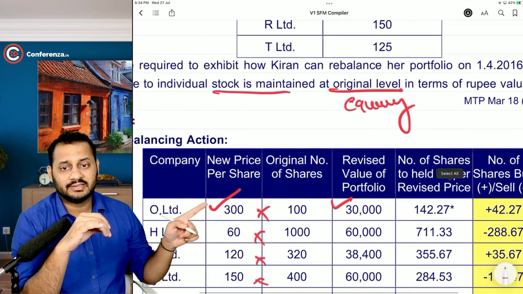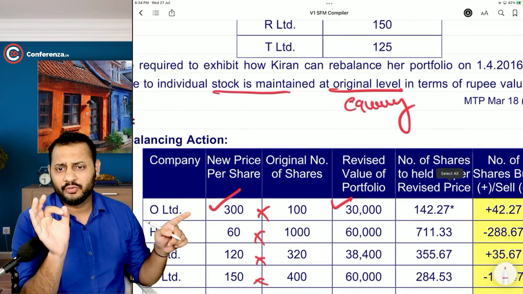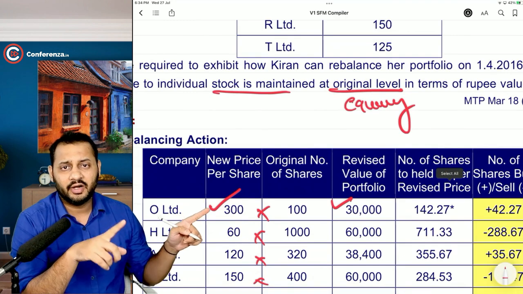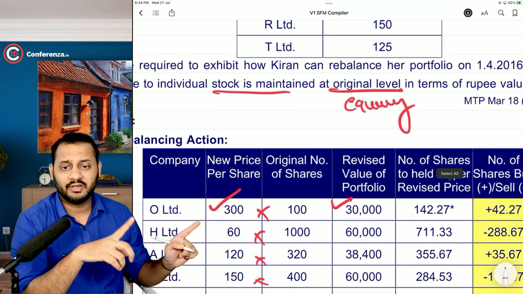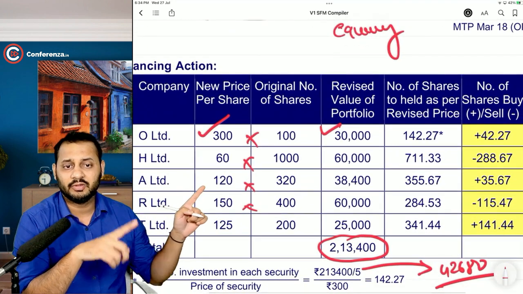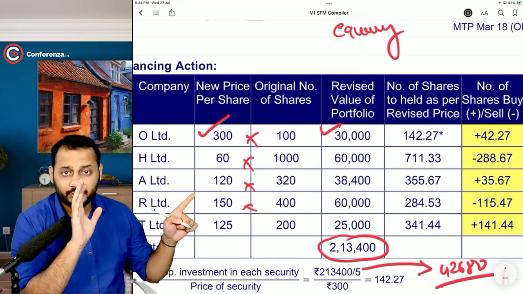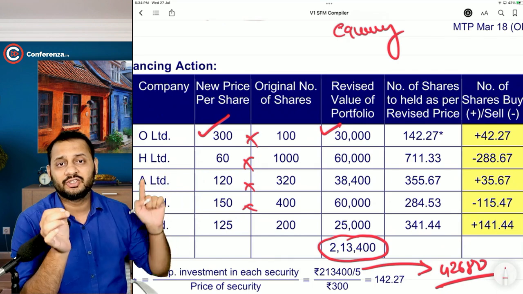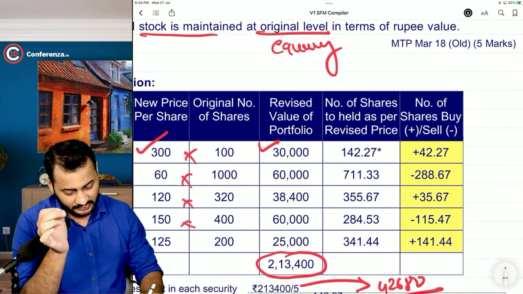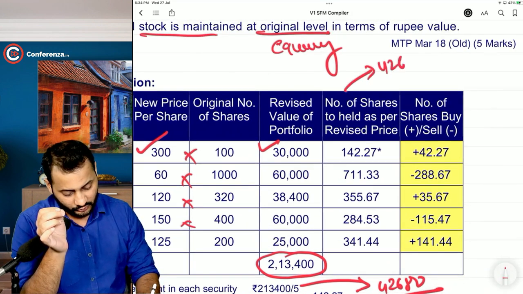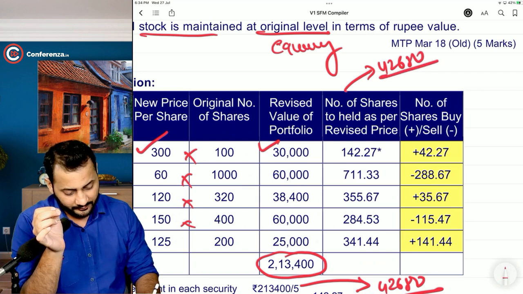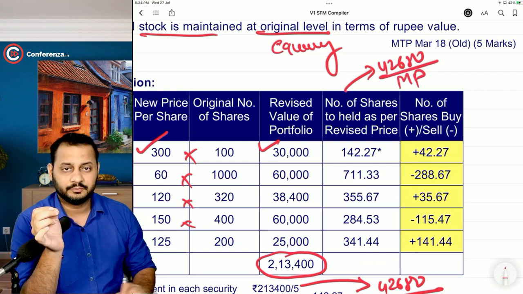The current price is this much. The only thing you have to do is 42,680 divided by 300, 42,680 divided by 60, 42,680 divided by 120. That will give you the number of shares that you should hold in every stock. So this is 42,680 divided by the market price.